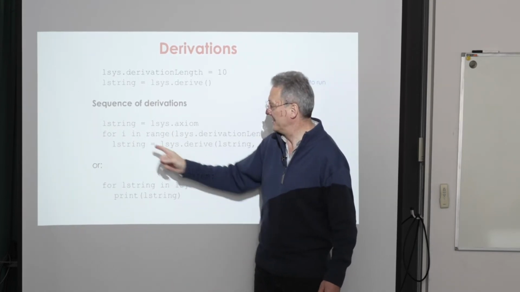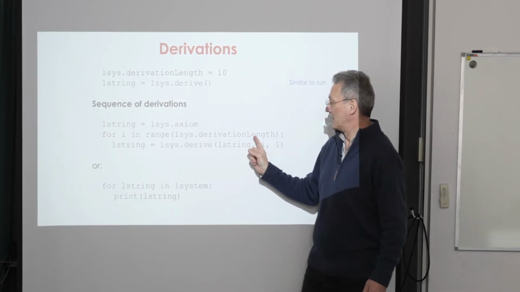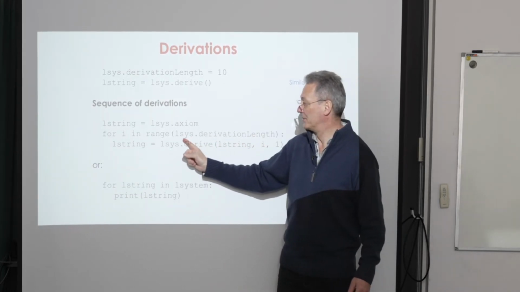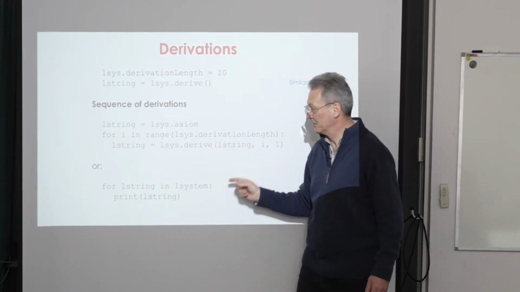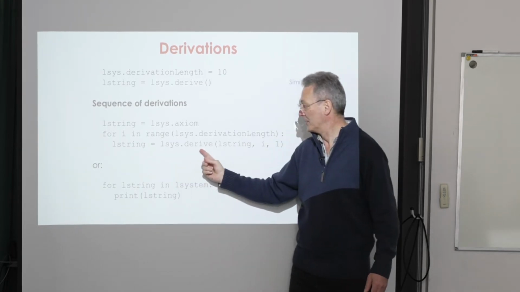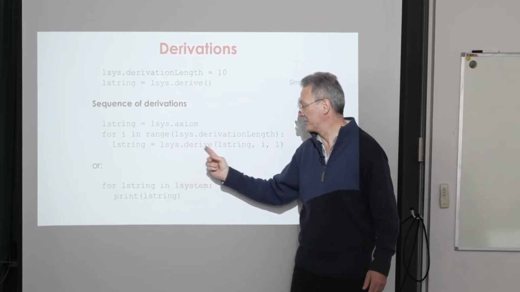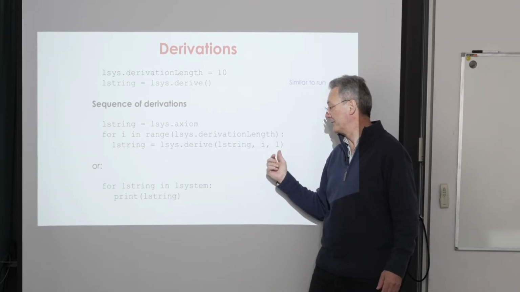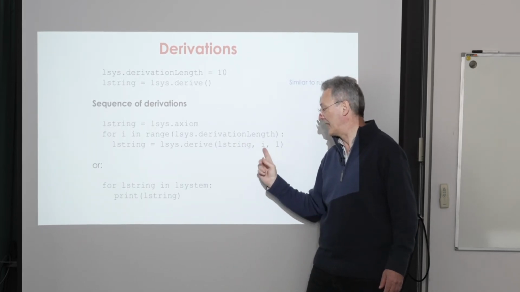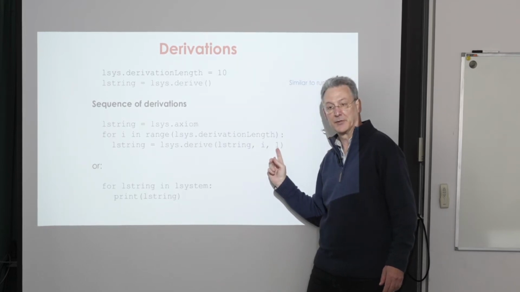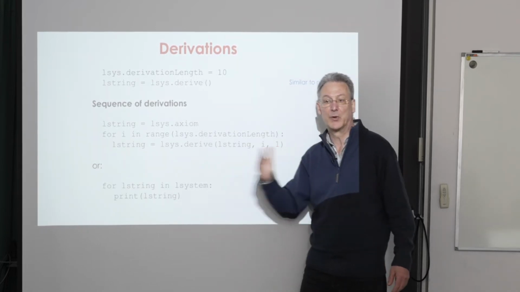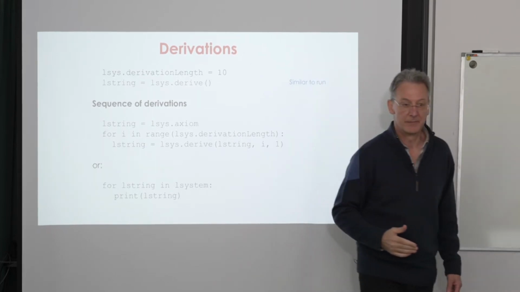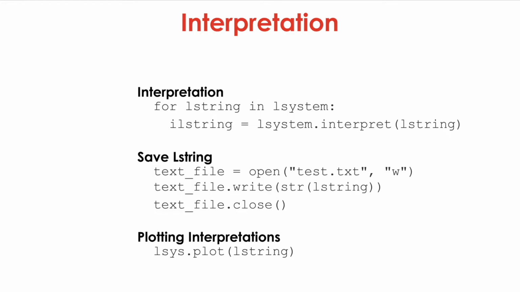And then for the amount of derivation that you want, you just compute the L system derivation applied on your L string up to a certain number of times, which is 1 here. So it's 1 step of derivation.